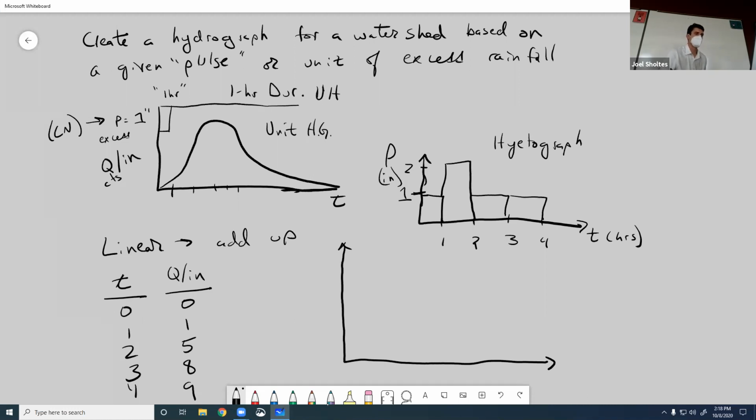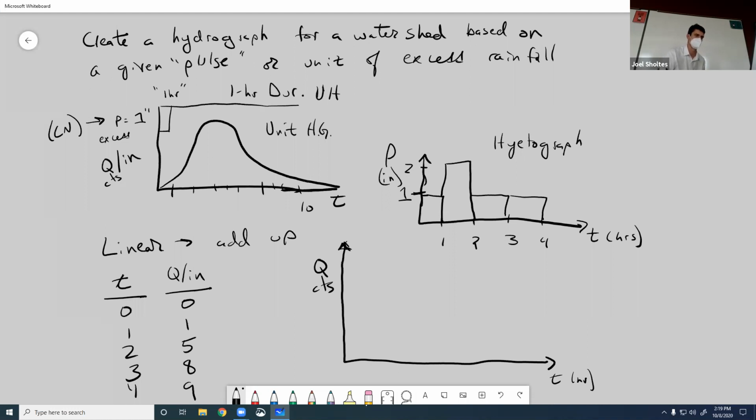So what I would do is convert this into a normal hydrograph where I have Q in CFS, not CFS per inch, and time in hours. I'm going to add up these unit hydrographs. For my first hour, I've got this unit hydrograph, and it goes on for, say, 10 hours or something like that.